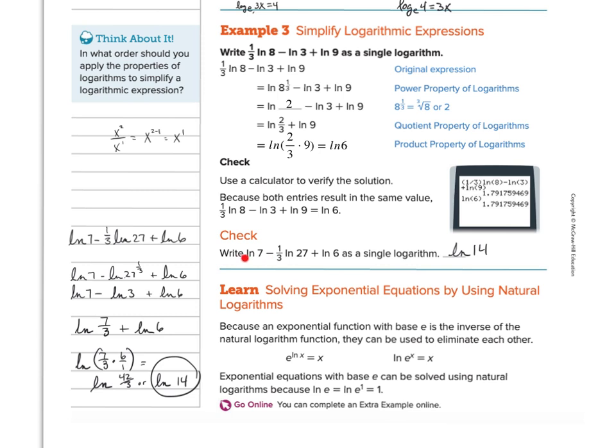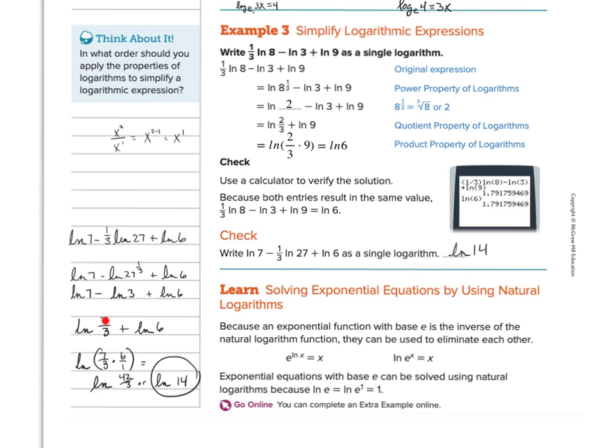The natural log of 7 minus 1/3 the natural log of 27 plus the natural log of 6. I simplified this power rule, right? It would be the natural log of 27 to the 1/3 power. I know that 27 to the 1/3 power is going to be 3. So the natural log of 7 minus the natural log of 3 plus the natural log of 6. This would indicate division.